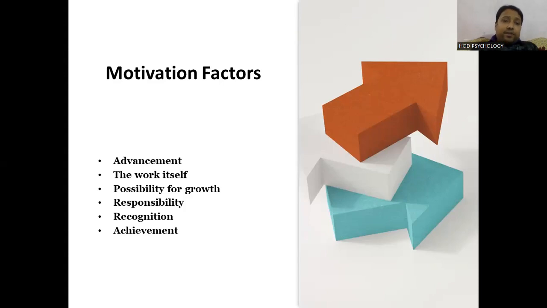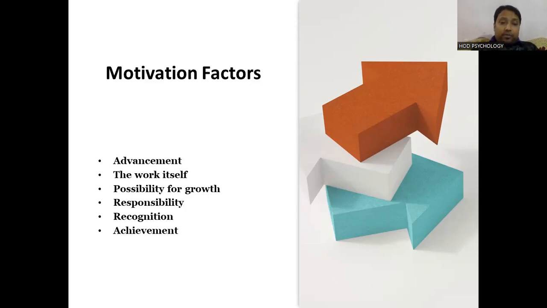Another motivation factor is the work itself. The work itself, meaning the content of job tasks, can positively or negatively affect employees. The job's difficulty and level of engagement can dramatically impact satisfaction or dissatisfaction in the workplace.